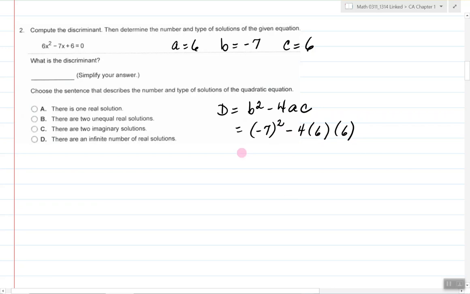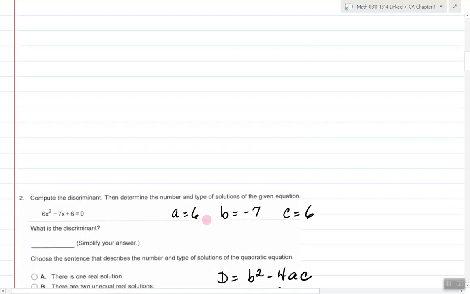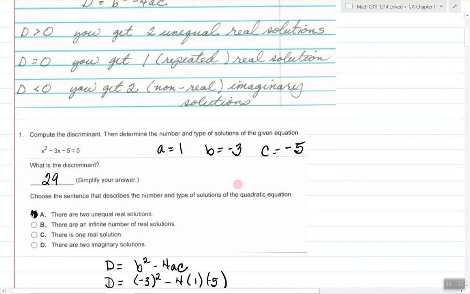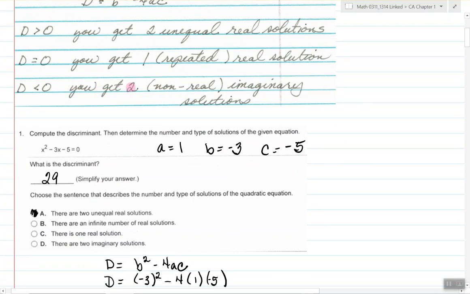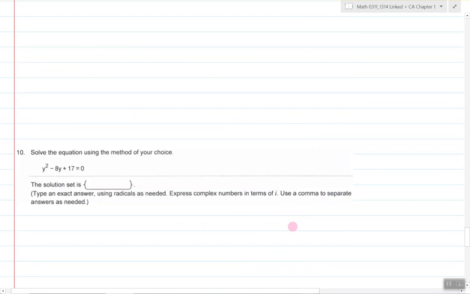This is going to give me 49 minus times positive gives me minus, and that product is 144. So this discriminant is -95. This is a number less than 0, so if I go back to my list, if it's less than 0, you get 2 non-real imaginary solutions.